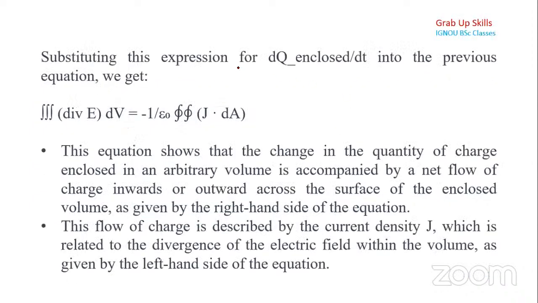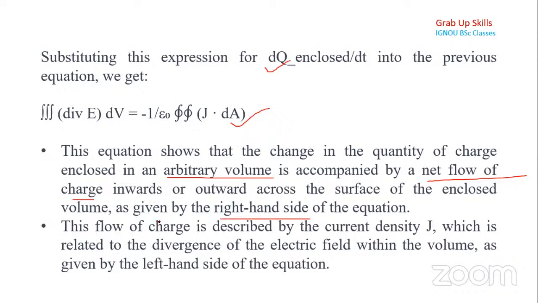Now we will just substitute this expression for dq enclosed into the previous equation, so we would get this new equation, right? This equation shows that the change in quantity of charge enclosed in the arbitrary volume will be accompanied by the net flow of charge inwards and outwards across the enclosed volume, as given in the RHS of the equation.